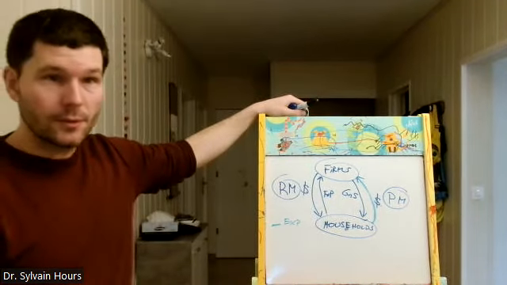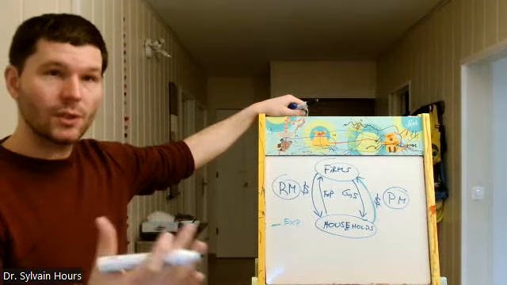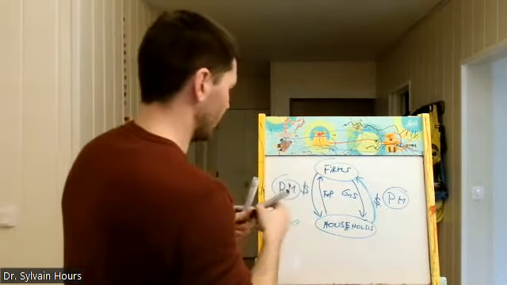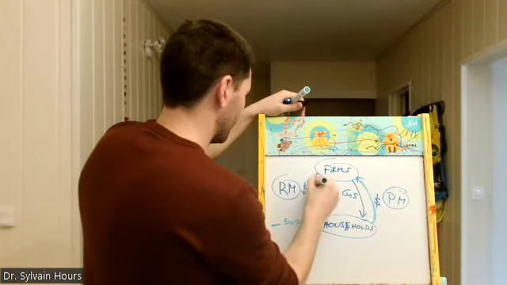The income method is just how much money has been received by the factors of production, which is, I'll use a different color, this one.